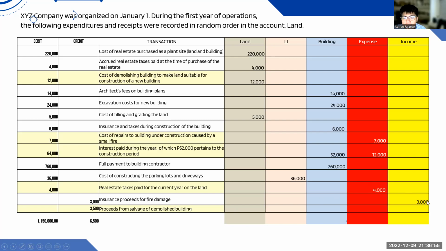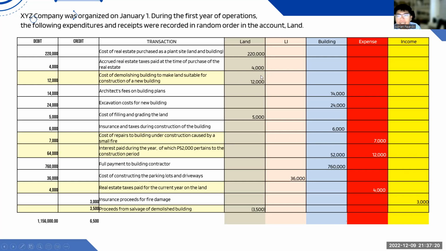So you have income, right? Because of the proceeds. Since you had a fire, you earned something because of your insurance. And then the demolishing, there was 3,500 salvaged. So the 12,000 minus 3,500, right? So this should be negative to the cost because this is something you earn. So it's part of the cost, but it's not added but subtracted, right?